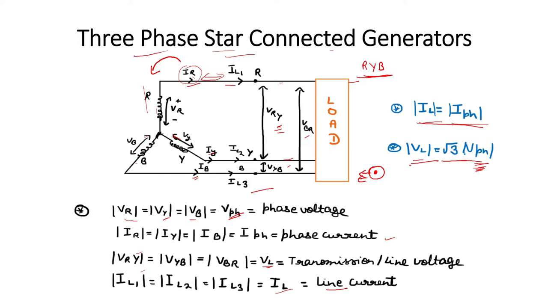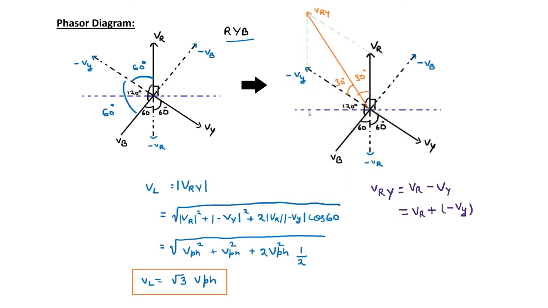So this was all the basic nomenclature here. And now let's see the phasor diagram. We all know that VR, VY and VB have the same magnitude VPH, but their angles are different. The angle difference between these phase voltages is 120 degrees. Therefore, we get its phasor diagram like this: VR, VY and VB.